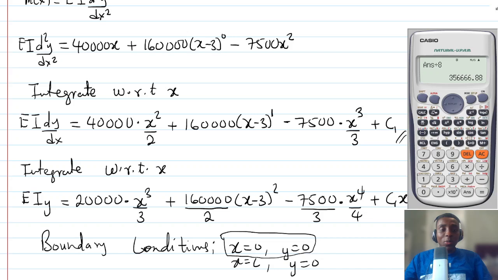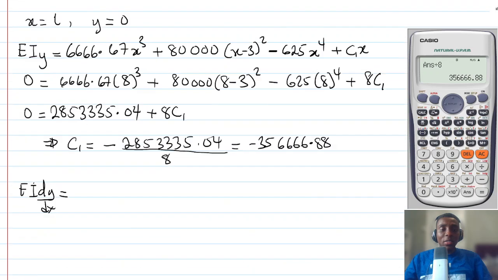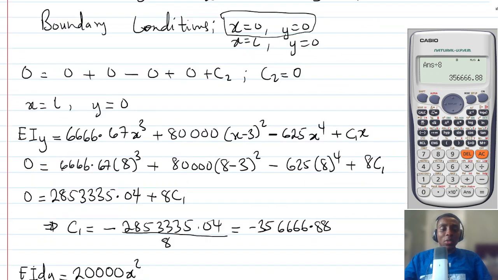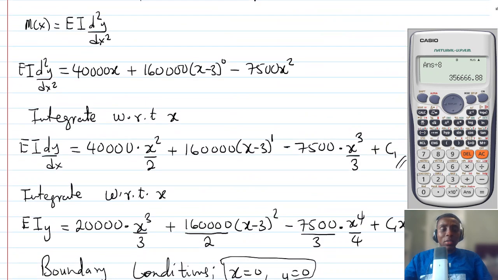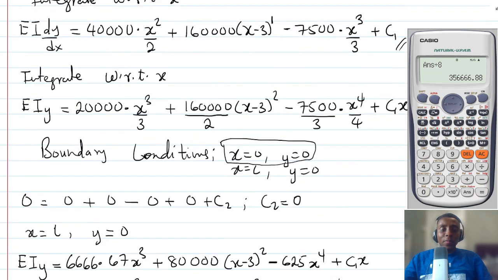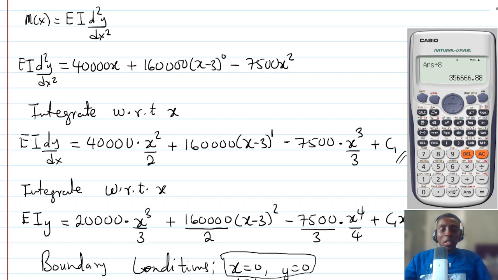Right, so the slope is actually 20,000 x squared plus 160,000 x minus 3, and then minus what?